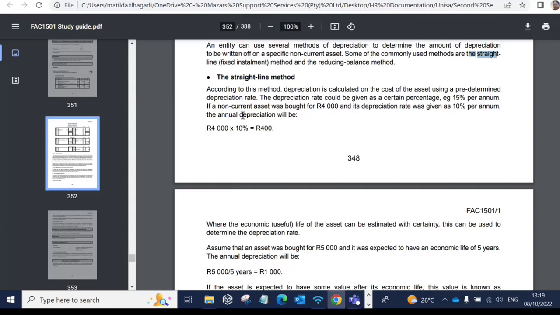If a non-current asset was bought for 4,000 and its depreciation rate was given at 10% per annum, what will the annual depreciation be? So 4,000 times 10% equals 400, which is the depreciation.